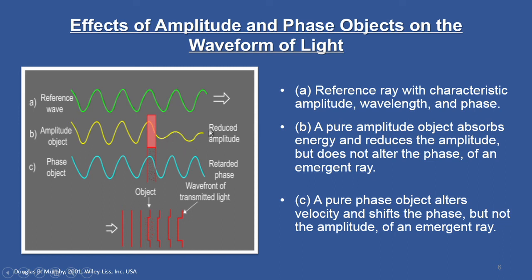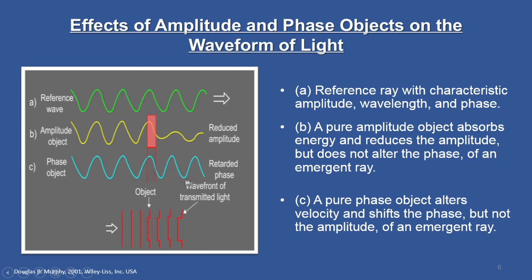In this case, it is reduced. So, any material that exhibits this kind of behavior is classified as an amplitude object. And look at this C, the wave interacts with the object and comes out.